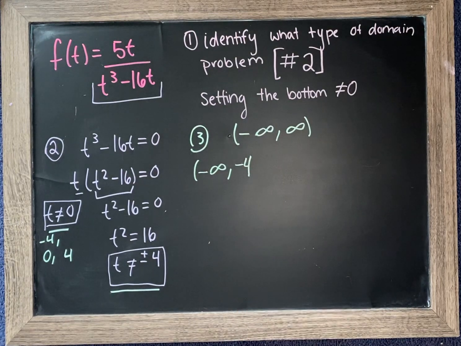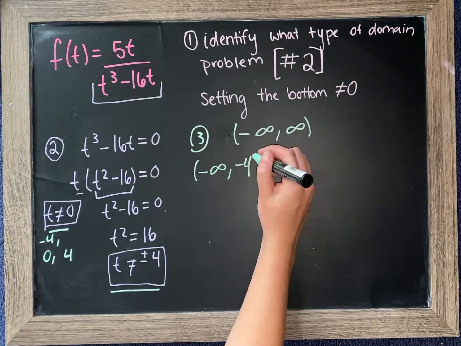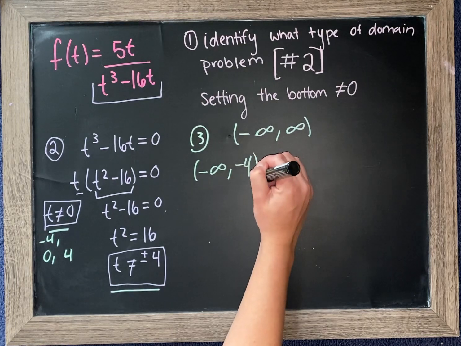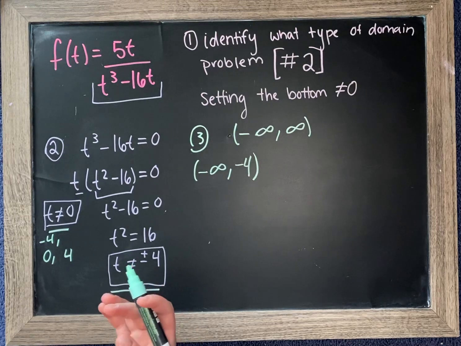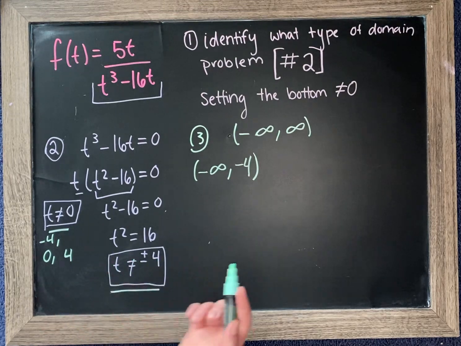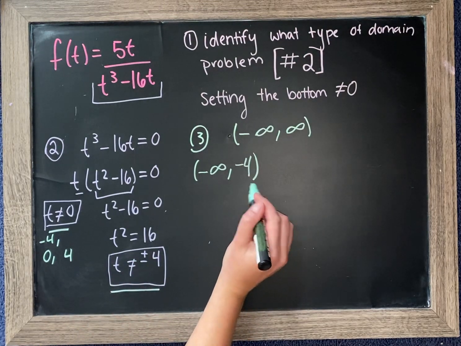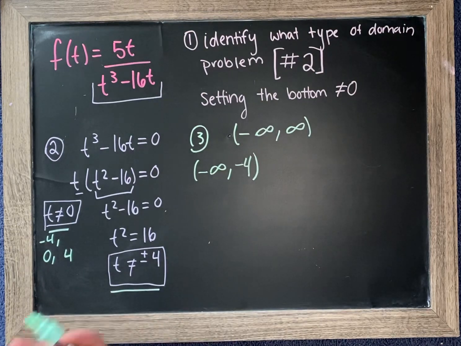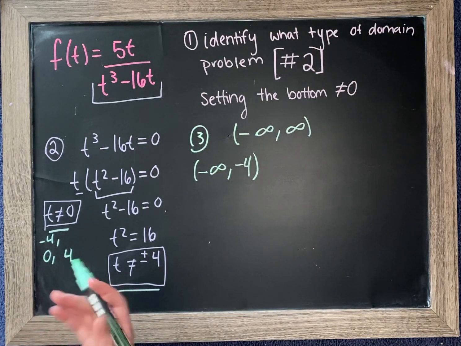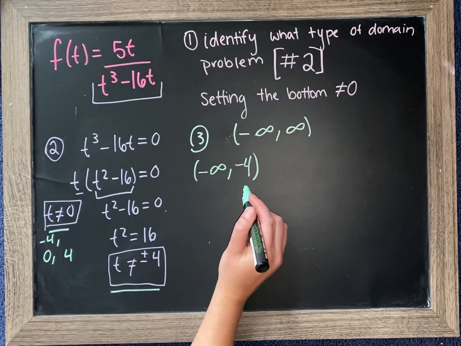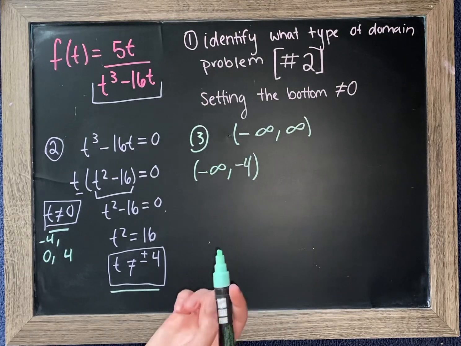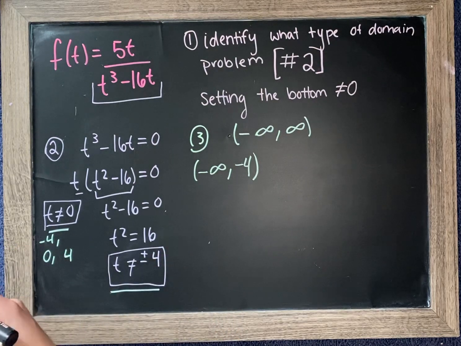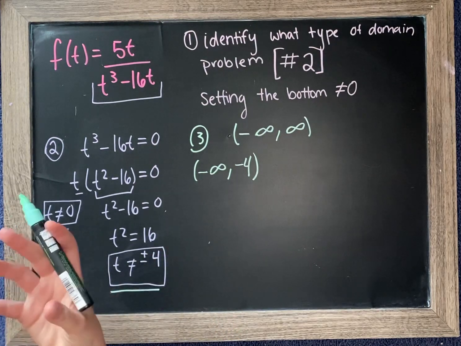And then for this problem, we're going to use parentheses. The reason that we're using parentheses is because the parentheses excludes that value, because that would be an open circle. If we wanted negative 4 to be a part of the domain, we would use a bracket, because that's the closed circle, and that shows that negative 4 is included in the domain.